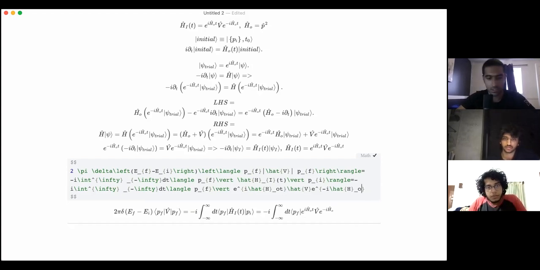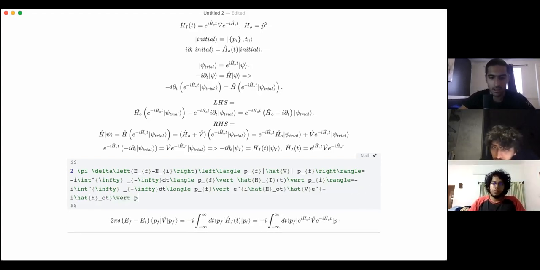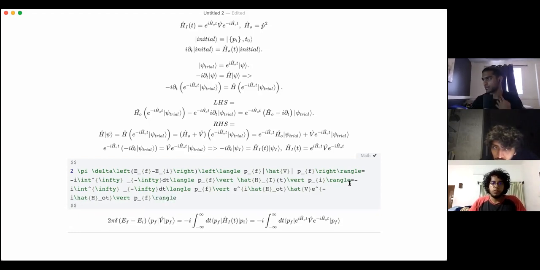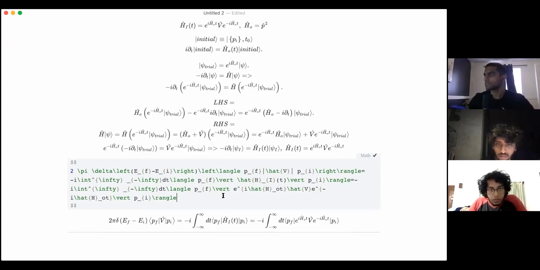Yes, this is right, even in the initial expression on the left-hand side. Okay, we're in good shape, don't you think?